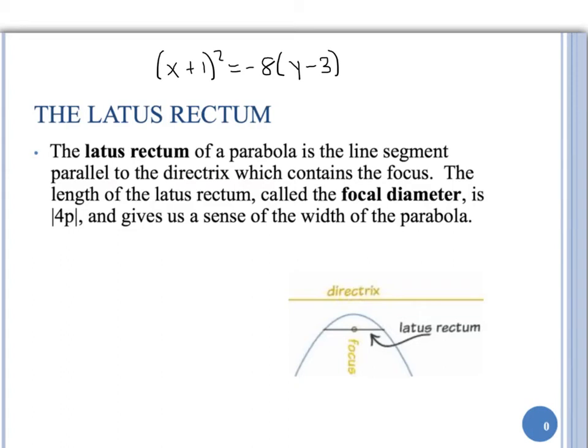So looking at the negative 8, that negative 8 we now know is 4p. That negative 8 equals 4p. So when we take the absolute value, we know that the length of the latus rectum is 4p.